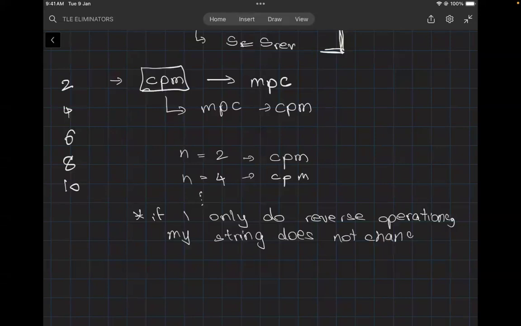Put a yes in the chat if this much is clear. Is this observation clear? Yes. Okay. If I had to do only two reverse moves, 4 reverse moves, 6 reverse moves, or any even number of reverse moves, my string remains constant.